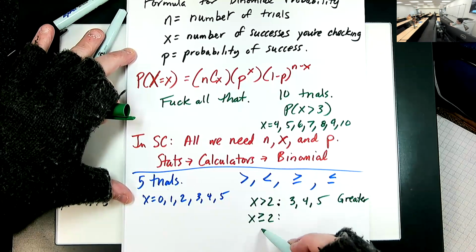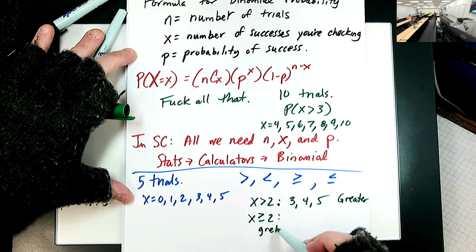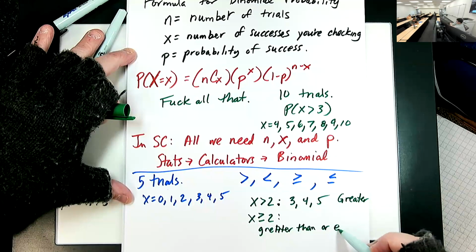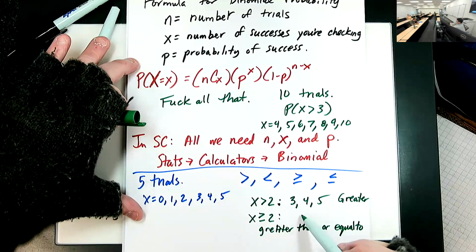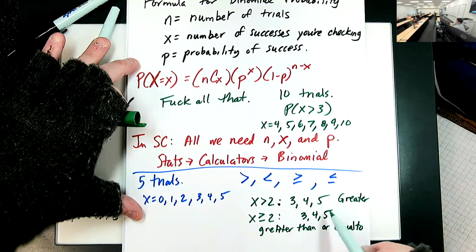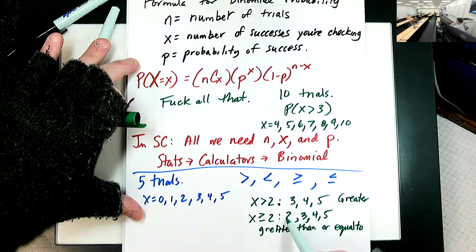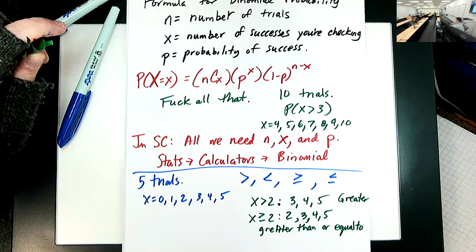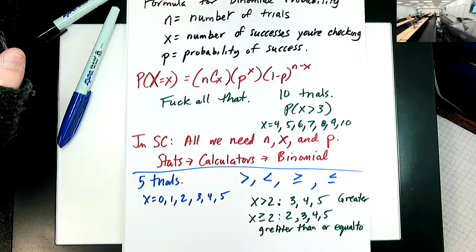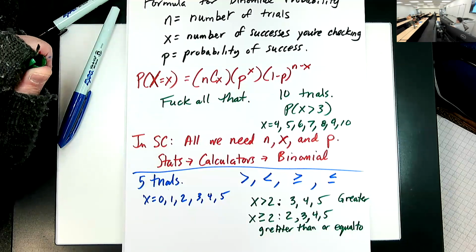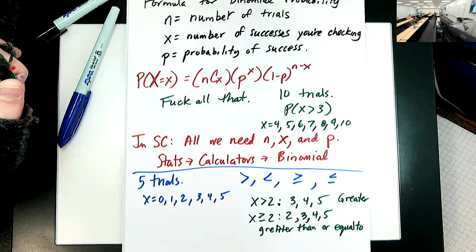This is the greater than or equal to. I still want the 3, 4, 5, but since I have the equal to, I can also count the 2. Hopefully this is a refresher for you guys.